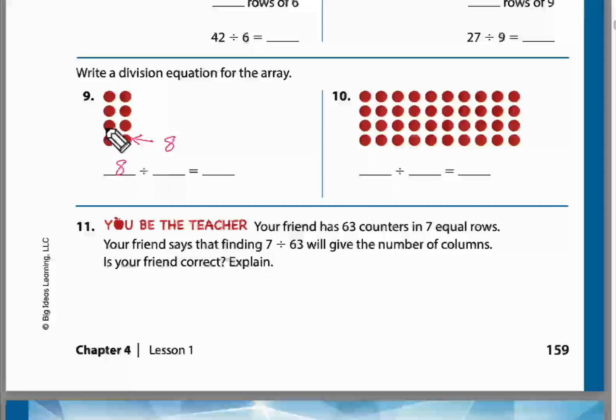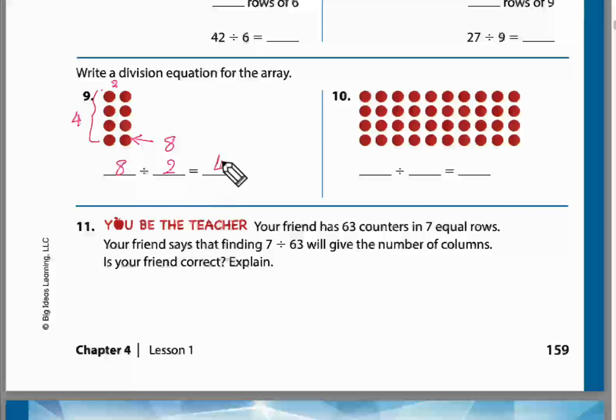Why 2? Because we have 2 columns. We have 2 columns, and we have how many rows? 4. So 8 divided by 2 equals 4.